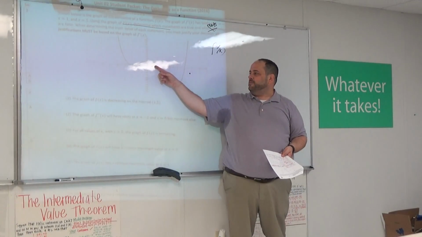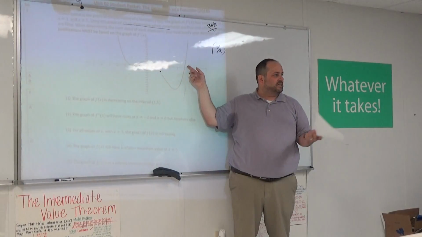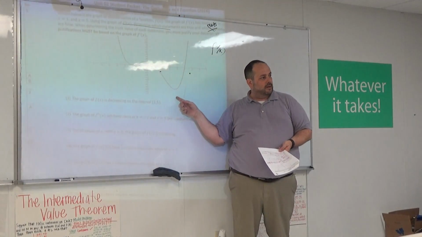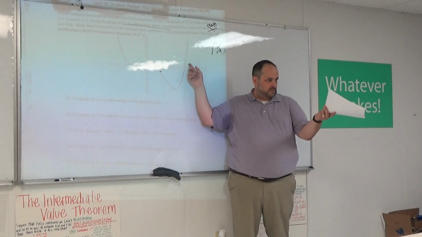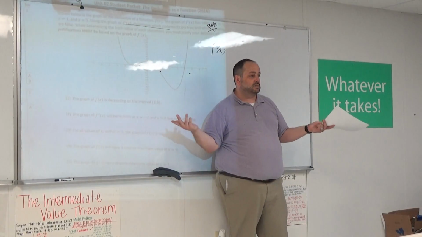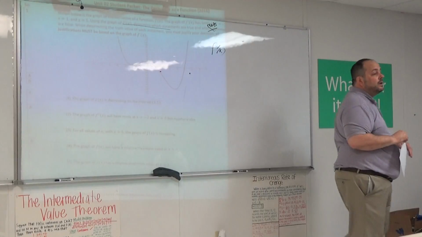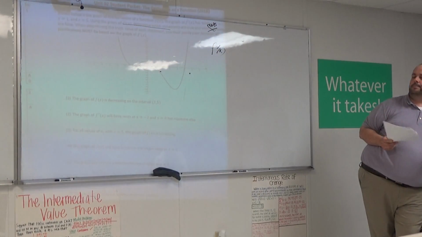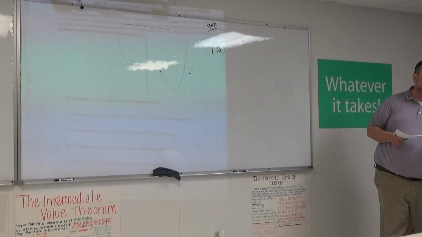So because f prime is decreasing, then increasing, f double prime has to go from negative back up to positive. So we would say it's false. False. Perfect, perfect. Andrew, you okay?